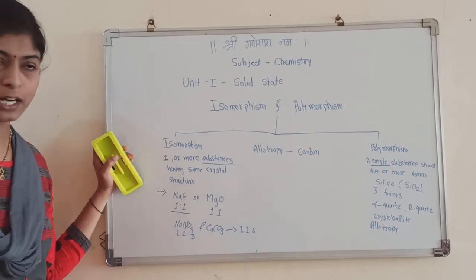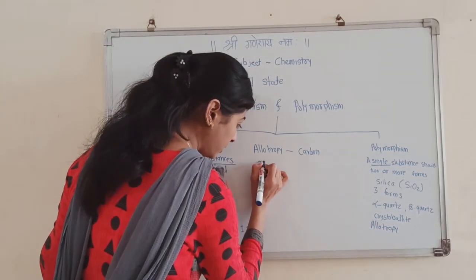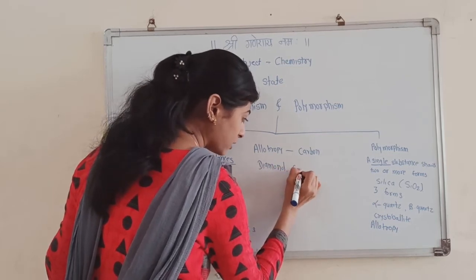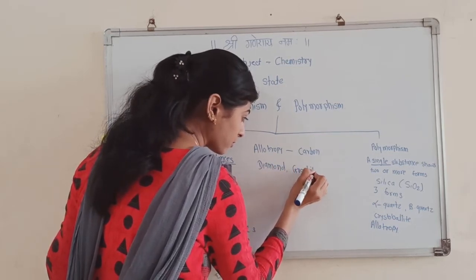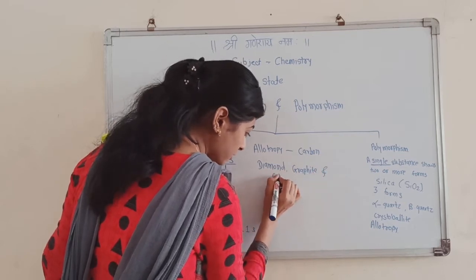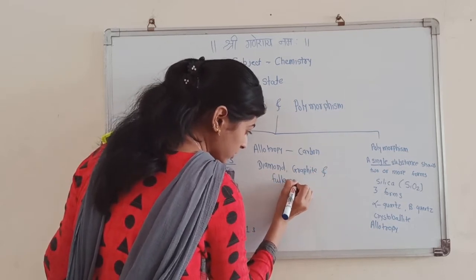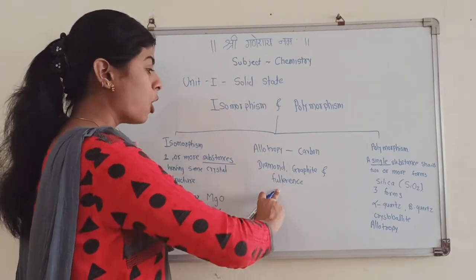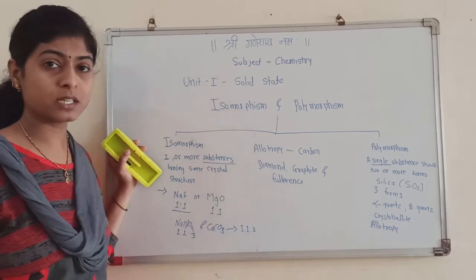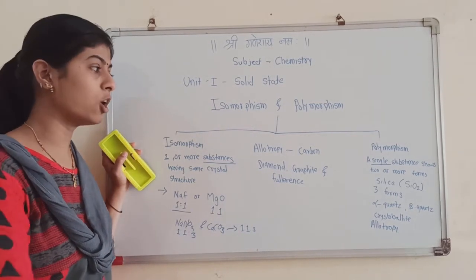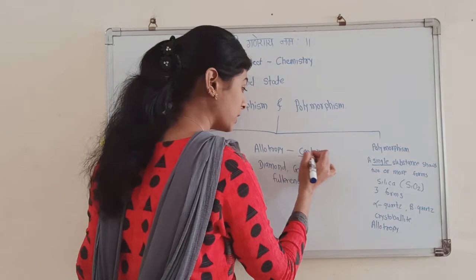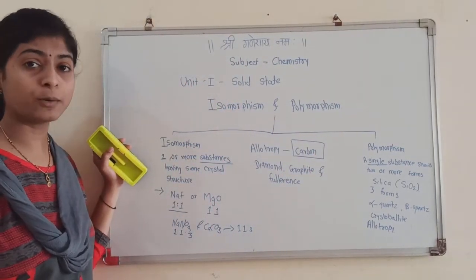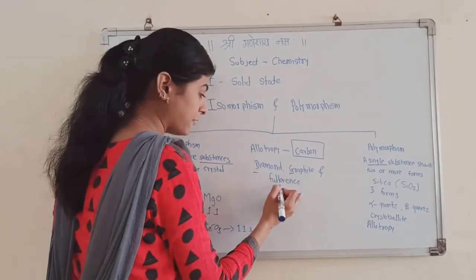Carbon has three allotropes: diamond, graphite, and fullerenes. All three are the same single element, that is carbon. It means carbon is the only parent substance in diamond, graphite, and fullerenes.